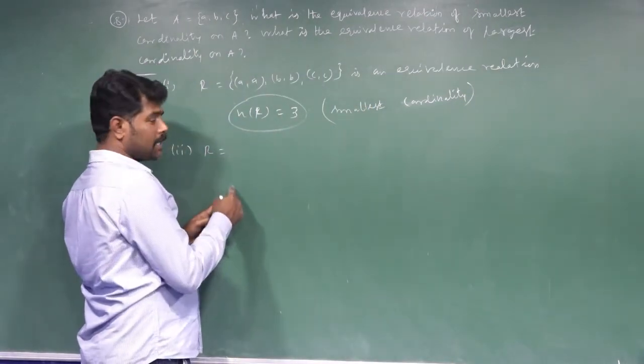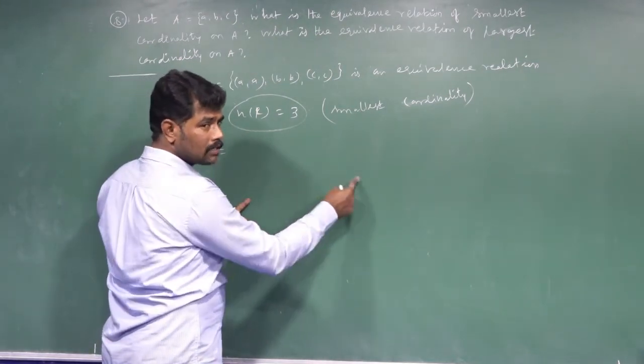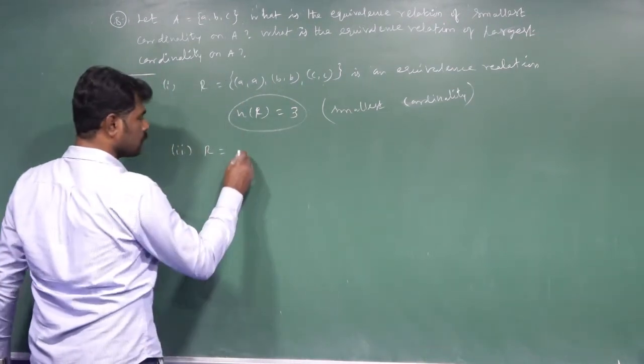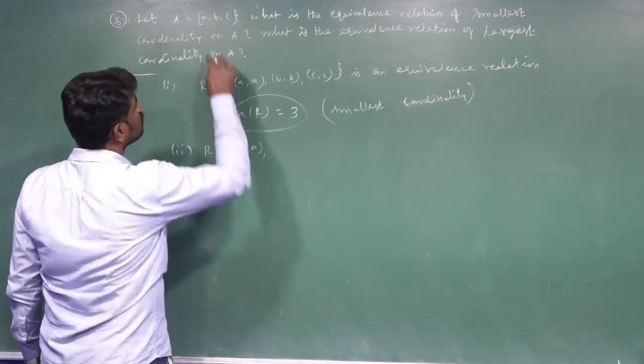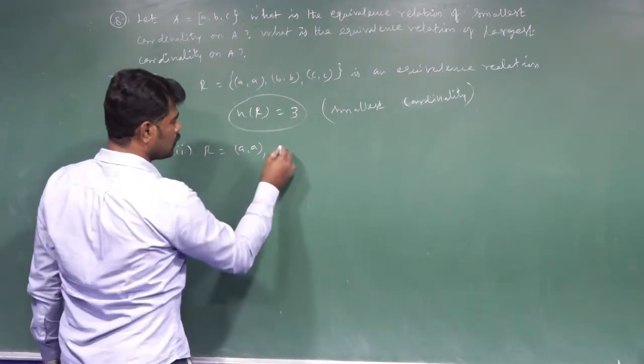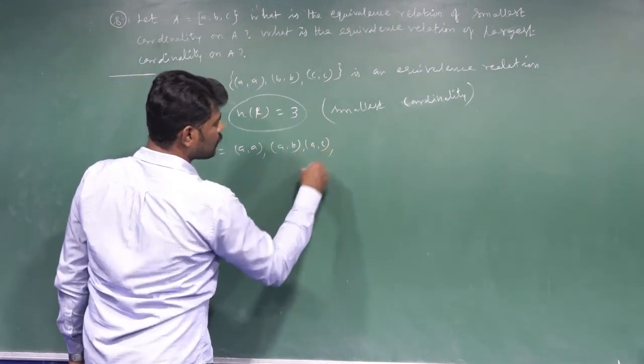Take the first element, write a pair with all three elements. Take the second element, write a pair with all three elements. Take the third element, write a pair with all three elements. That is AA. Here the relation is from the set A to the set A only. Then the next pairs are AB, AC.